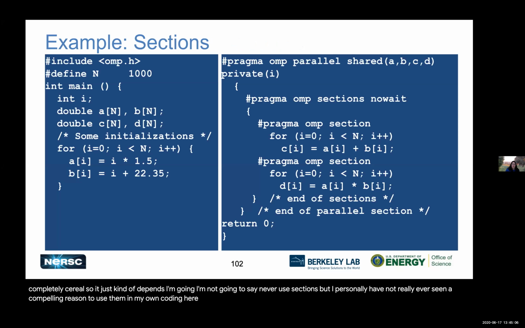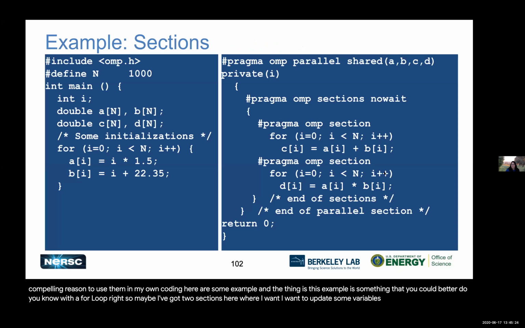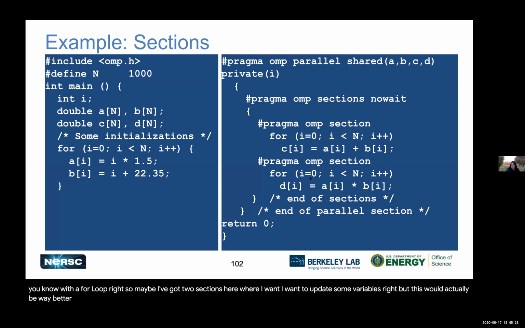So here's an example. And the thing is, this example is something that you could better do with a for loop, right? So maybe I've got 2 sections here where I want to update some variables. But this would actually be way better done if we were just going to use a loop, just a parallel for.